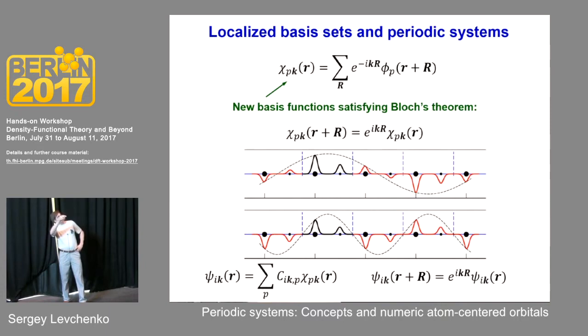It's a very simple exercise to check that these functions satisfy Bloch's theorem. So this means that a linear combination of them would satisfy Bloch's theorem. That's what we need. So you can view these basis functions as a linear combination of these functions modulated by a plane wave here. So that's how we do it in FHI-aims.